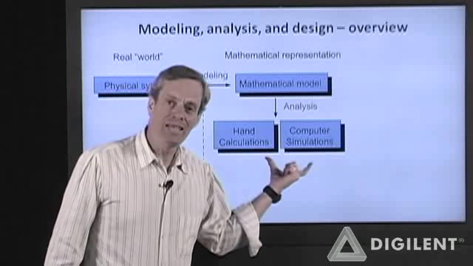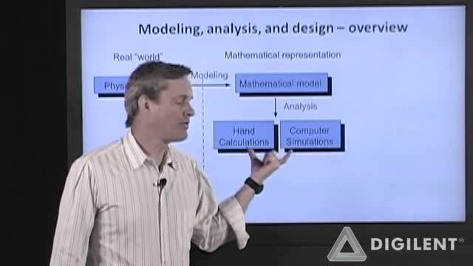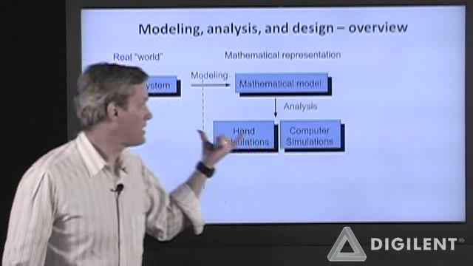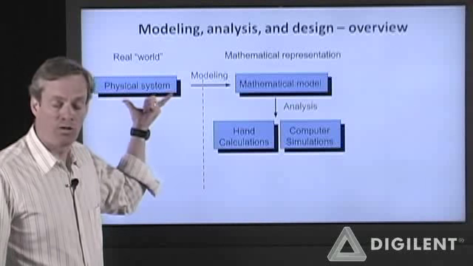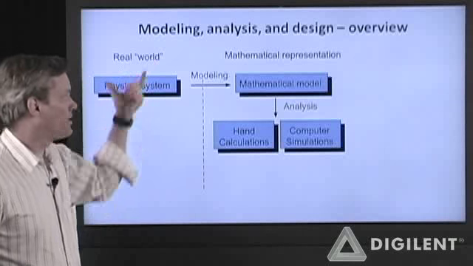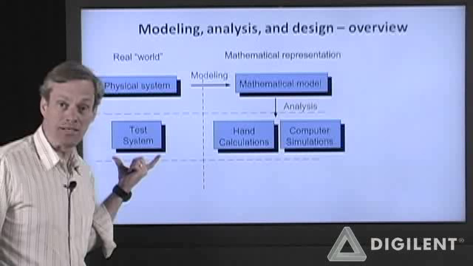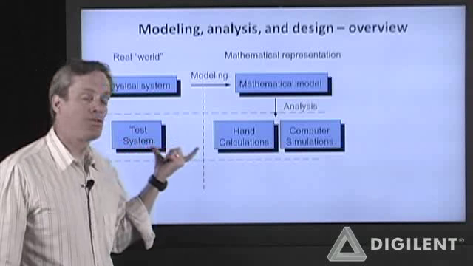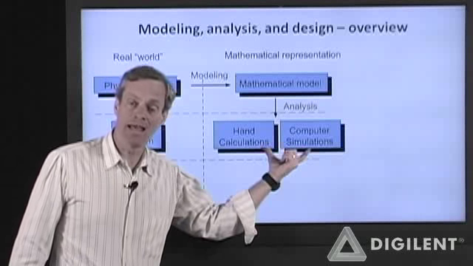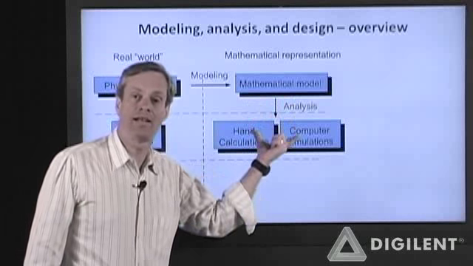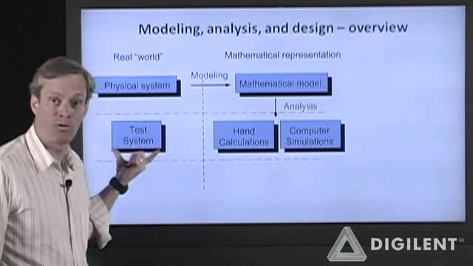Now, we really need to be concerned about whether these analysis results actually match the real world. So in the real world, generally we're going to take this system and test it. Generally under the same conditions that we're doing the analysis for, or we can do the analysis specifically for the conditions that we're testing.